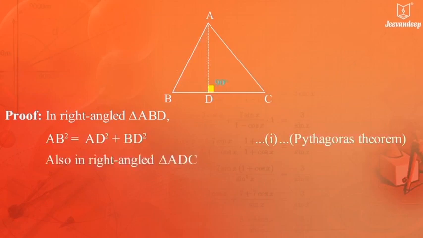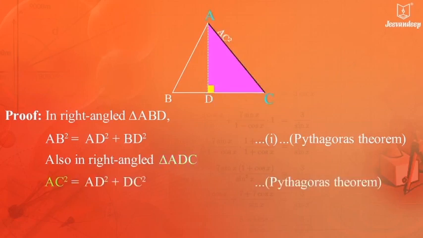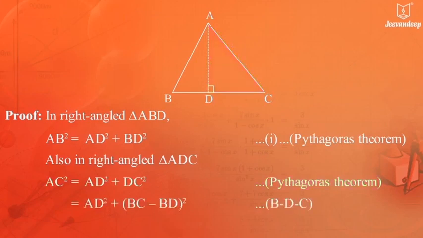Also, in right-angled triangle ADC, AC square equals AD square plus DC square by Pythagoras Theorem. Replacing DC by BC minus BD, we get AD square plus BC minus BD whole square, BDC being a straight line.